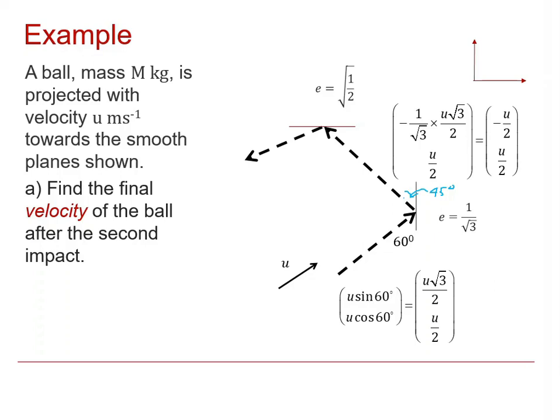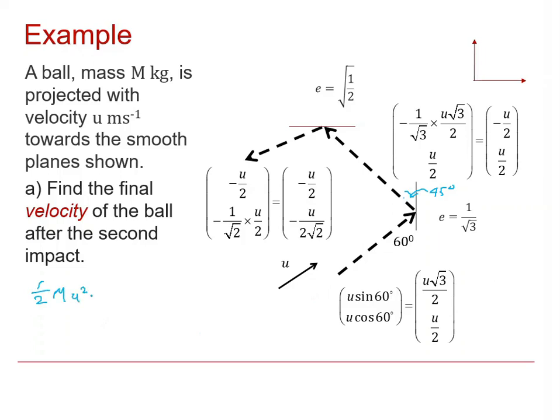Now we have to use the same principles at the second collision point. This time the roles will reverse. It will be the second one that's multiplied by the coefficient of restitution and the first one that's left unchanged. So when we come to calculating energy, we're going to have the initial half mu squared minus, in the second case you're going to have a factor u, so we can write a half mu squared, but you're going to need the Pythagorean calculation on the components.